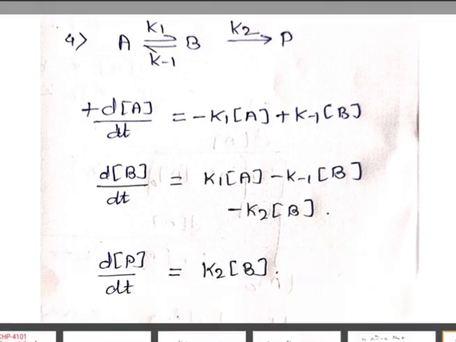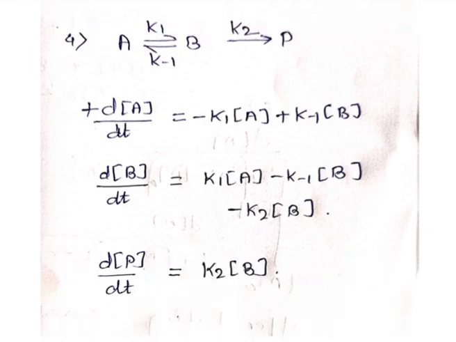From A. So K1 into concentration of A. Minus, again B is going to decrease to form A. So by which rate is B going to decrease? By K-1. Decreases, that's why minus sign. Rate is K-1. Which species is decreasing? B. So written here B.